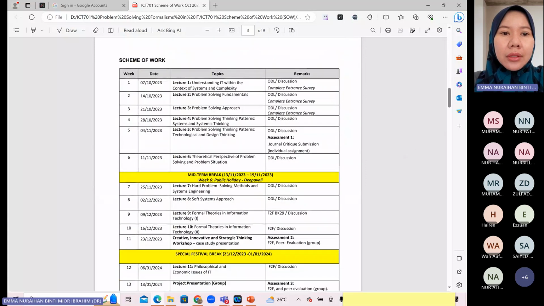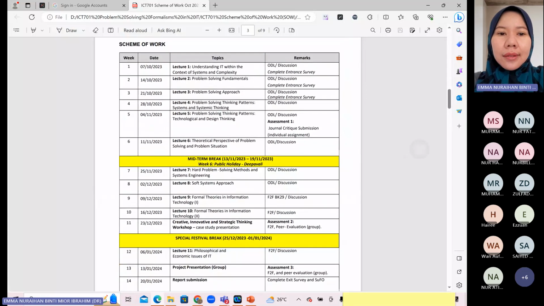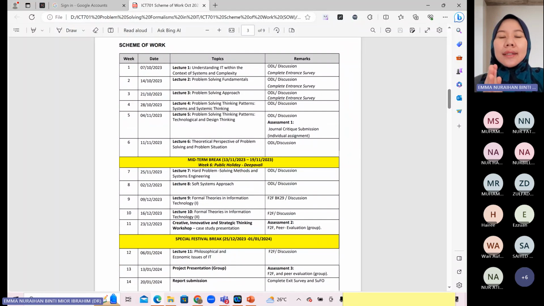All right, take a look at the scheme of work. This is the breakdown of your scheme of work from lecture 1 towards the end, and also some of the tasks that you have to do, especially the assignments and the deadlines. Pay attention to the deadlines, because since you're taking 3 to 4 subjects this semester, mostly the deadlines are stacking in the same week.